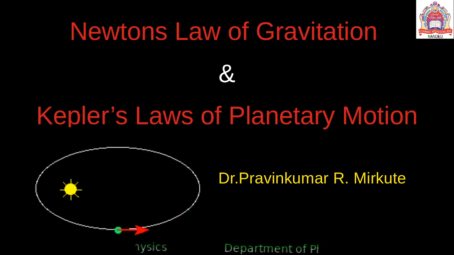Every object with mass attracts every other object with mass. Newton realized that the force of attraction between two massive objects first increases as the mass of the objects increases, and decreases as the distance between the objects increases.